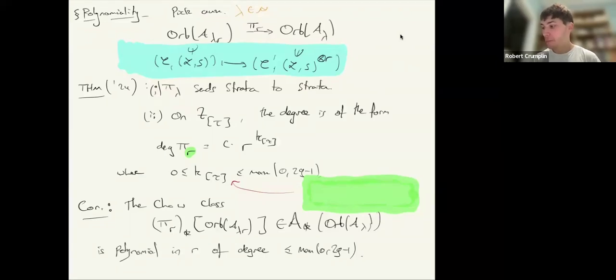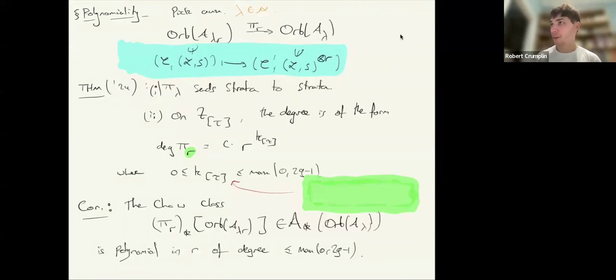Okay, great. Let me just say what this k tau is really doing is that this map pi r looks like a map between kind of abelian variety torsors. So there are these components built from abelian varieties and a map between them. And fiber-wise, it just looks like multiplication by r in the abelian variety.